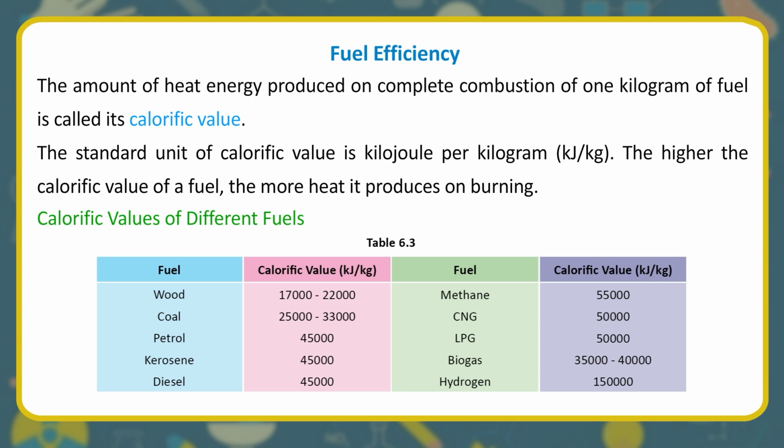Petrol, 45,000. LPG, 50,000. Kerosene, 45,000. Biogas, 35,000 to 40,000. Diesel, 45,000. Hydrogen, 1,50,000.